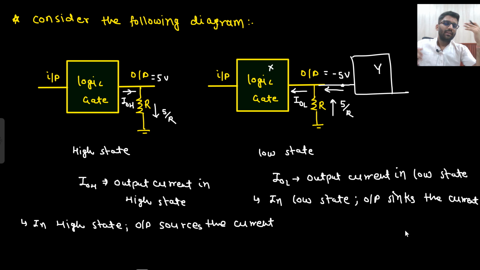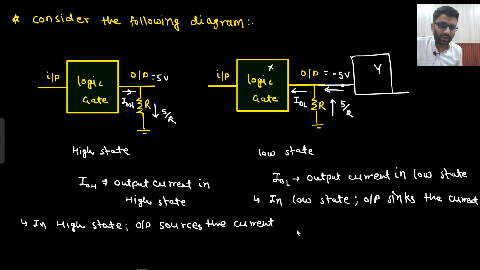That means in low state of output, the current is getting in, so certainly it would be driven by the input of some other logic gate. In this case, it is driven by logic gate Y. If my input is low, I will source the current. Yes or no?